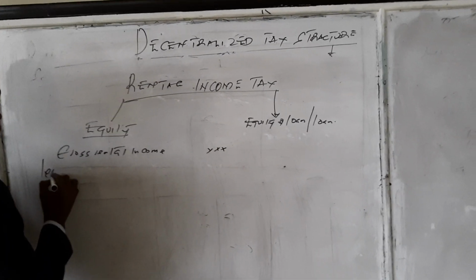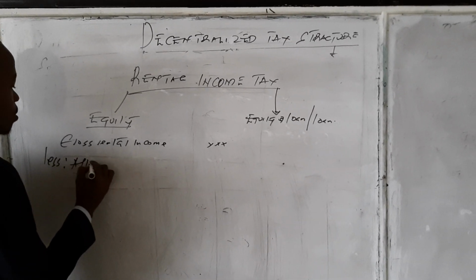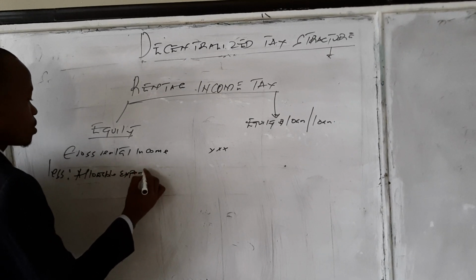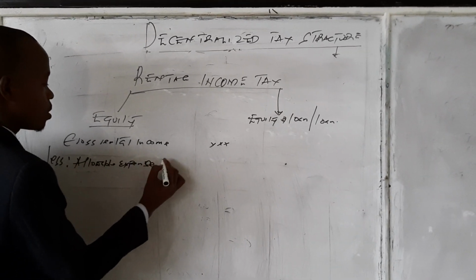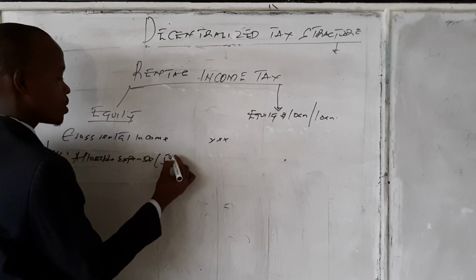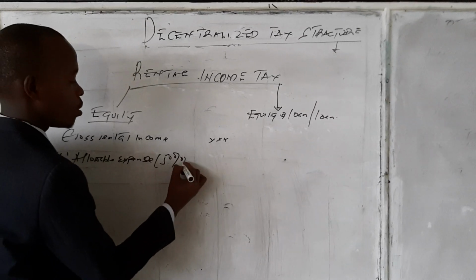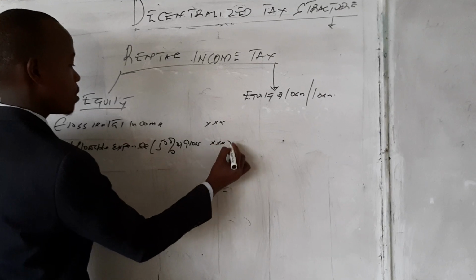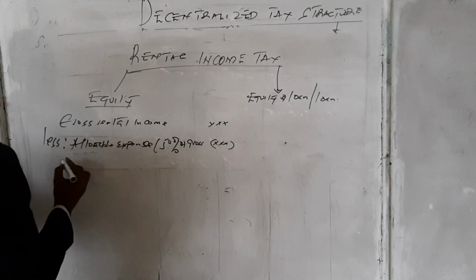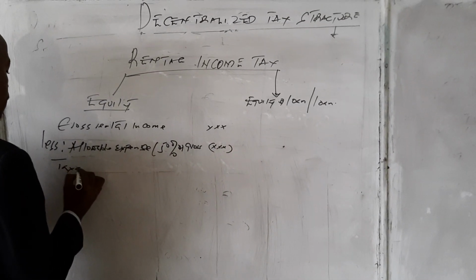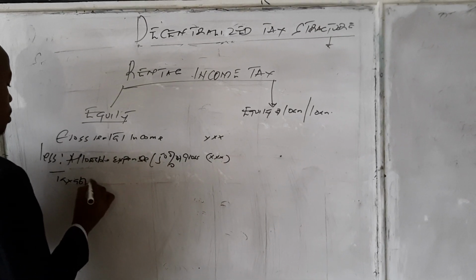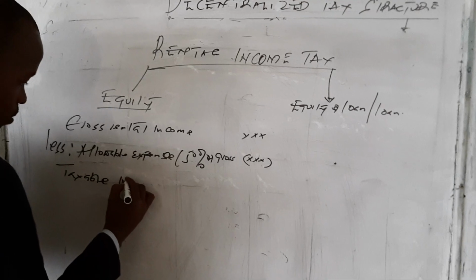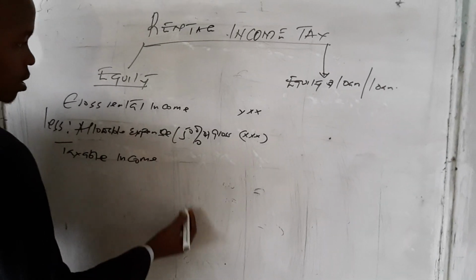Need to less allowable expense, which is 50% of gross. So you put it here, and then you get your taxable income.